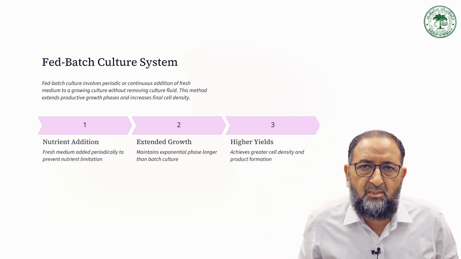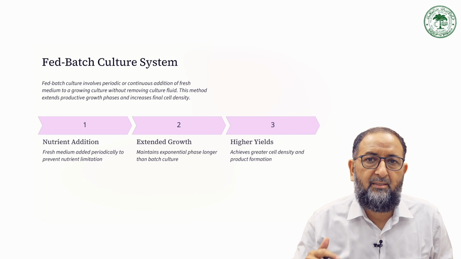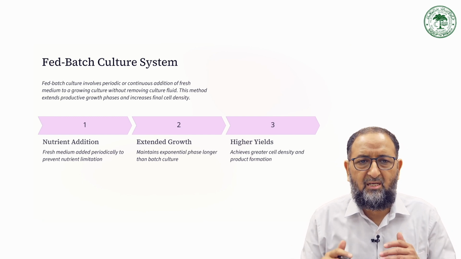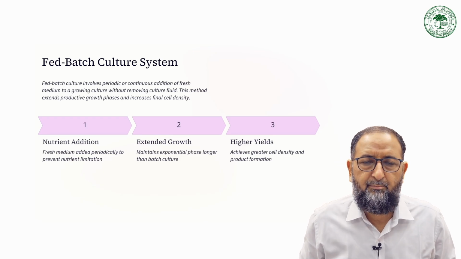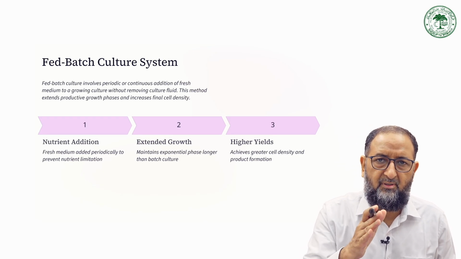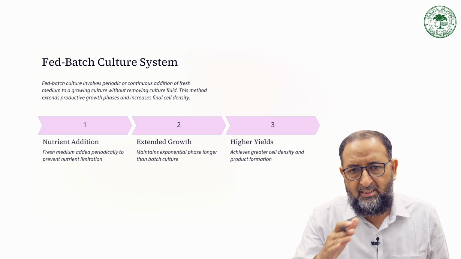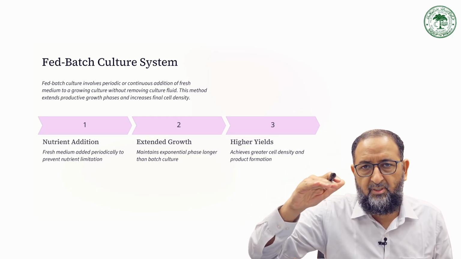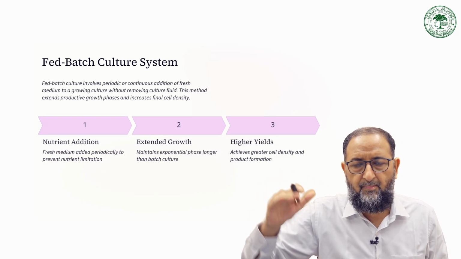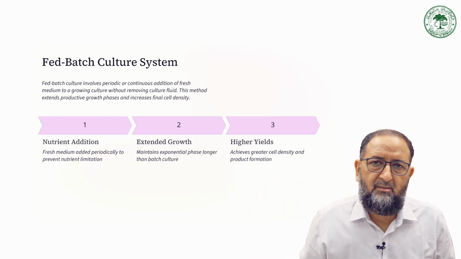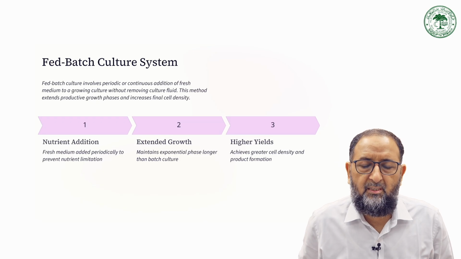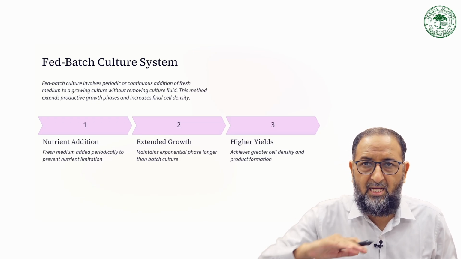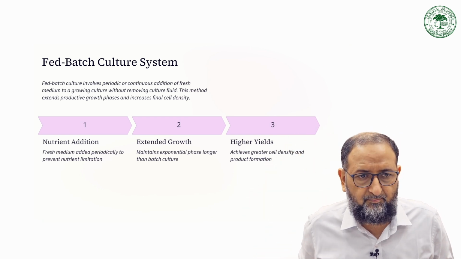Whereas the fed batch culture, which is an intermediate form of culture, involves the periodic or continuous addition of fresh medium. So, for example, after 10 hours or after 8 hours, you find the growth gets stationary, or the growth reaches an intermediate decline phase, then you add another fresh medium so that the culture can be enhanced and again grow more cells in the exponential phase or live state.